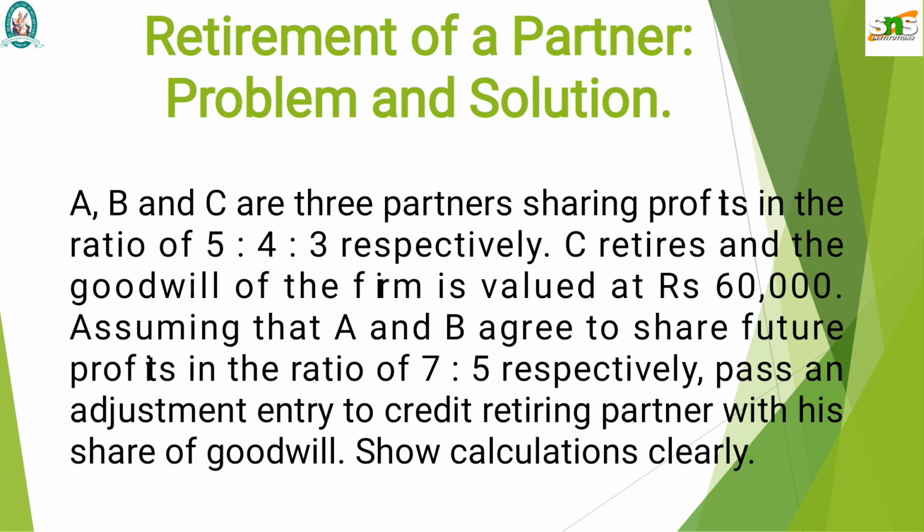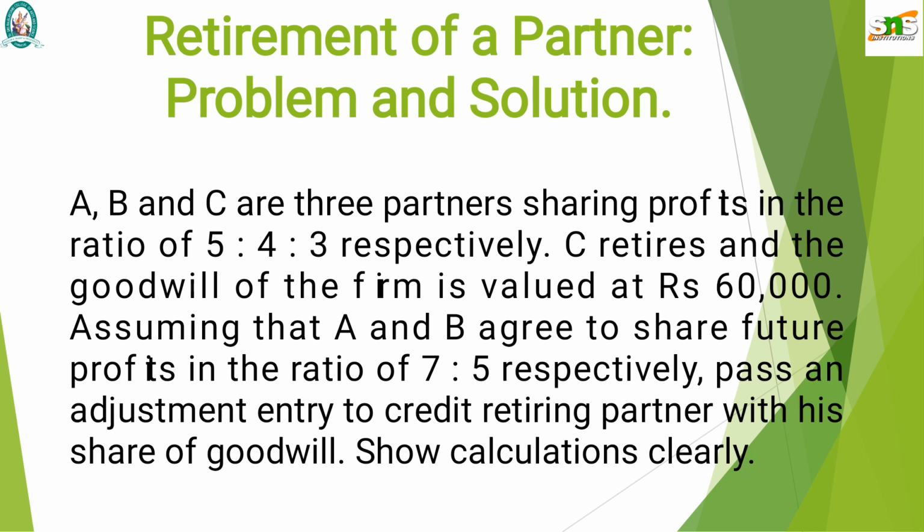So three partners were there, named A, B, and C. They were sharing in the ratio of 5:4:3. So one of the partners, C, is willing to retire. At the time of retirement, the goodwill is to be valued. So here the partnership firm is valuing the goodwill at rupees 60,000.